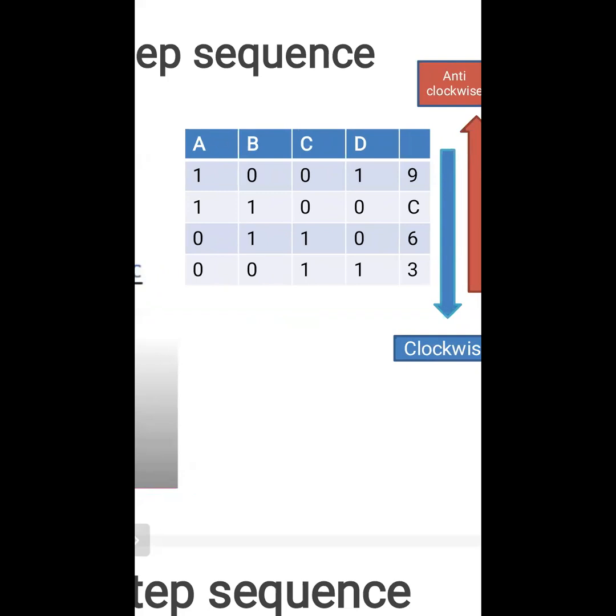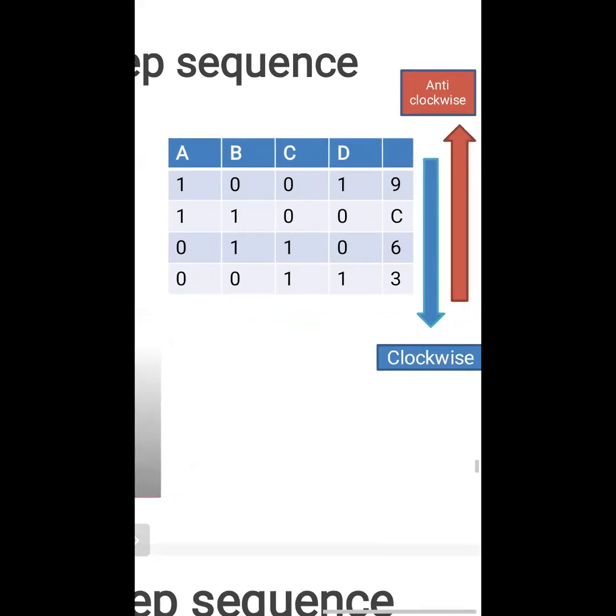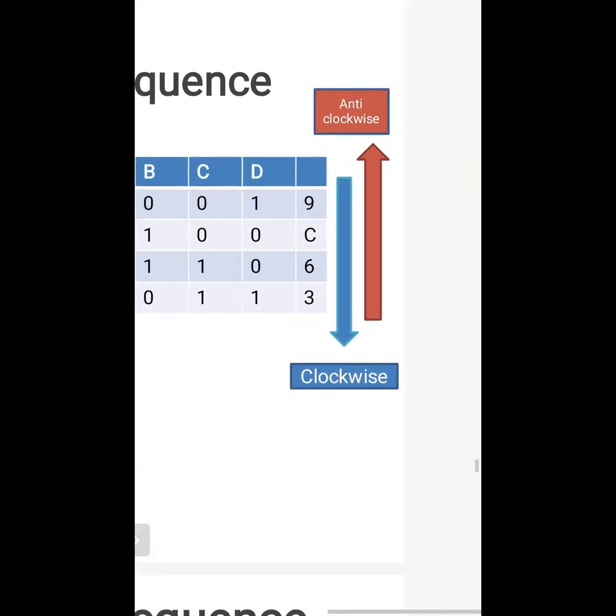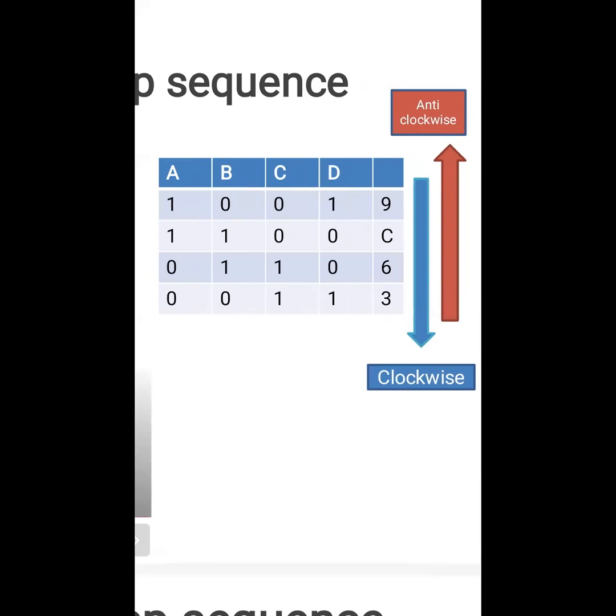When your movement is like this, from upper to downwards, then it is clockwise. If the movement is upper to downwards, clockwise, you have to put the value 9C63 to the 8051, and then the movement will be done using 9C63. It is clockwise. For anti-clockwise, you have to put the value 36C9 to the 8051, and then your movement will be anti-clockwise.